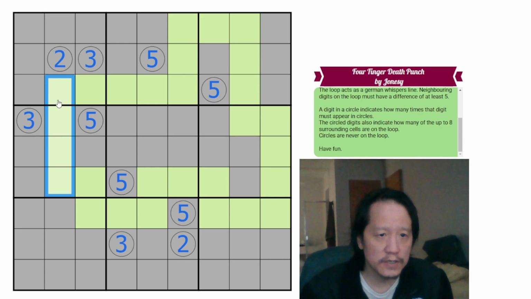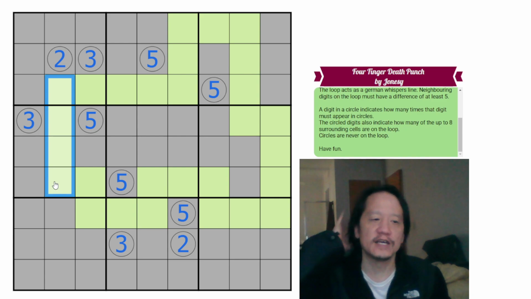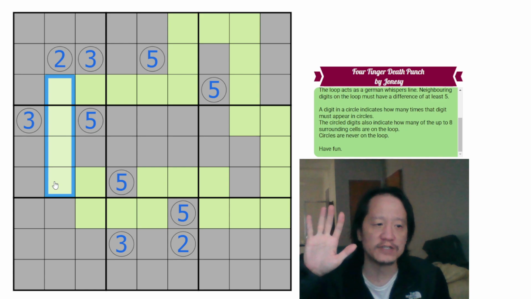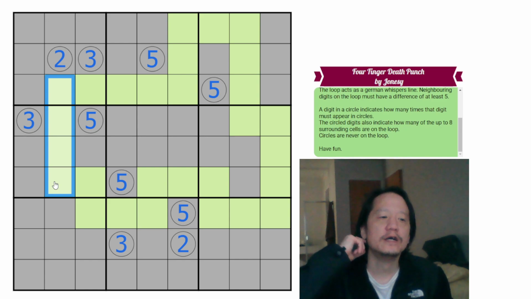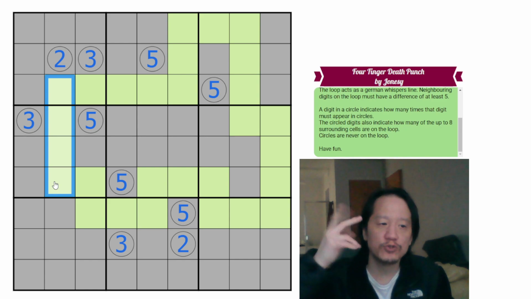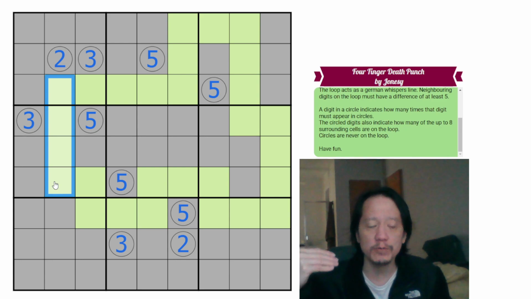let's see, none of these can be 3. We know there are 2 lows on this loop. So on the German whisper line, first of all, you can't have 5 because 5 is not 5 away from any other digit. In addition, you always alternate on a German whisper line between lows and highs because 1, 2, 3, 4 can only be next to 6, 7, 8, or 9, right?